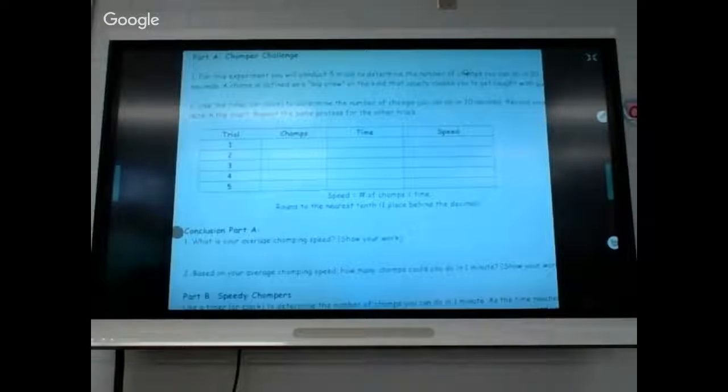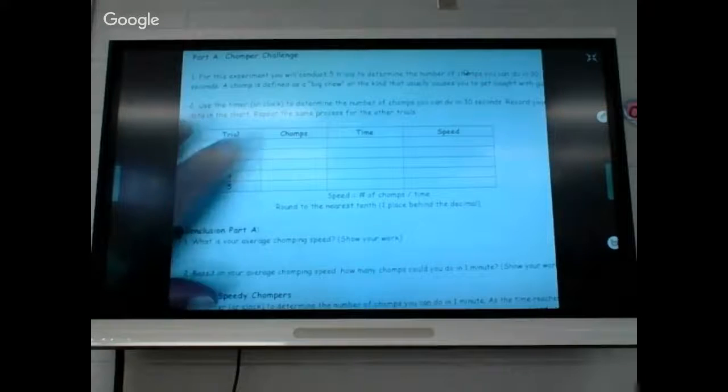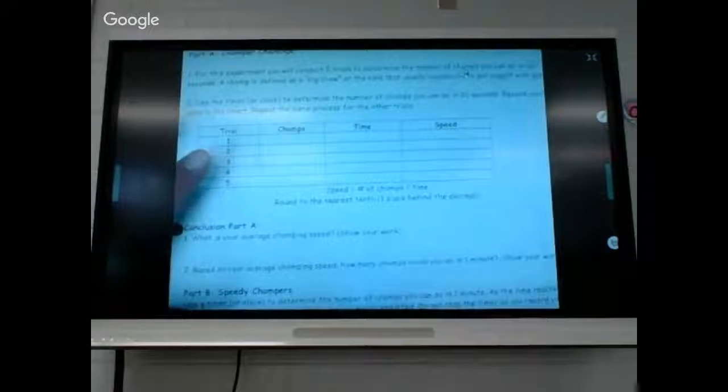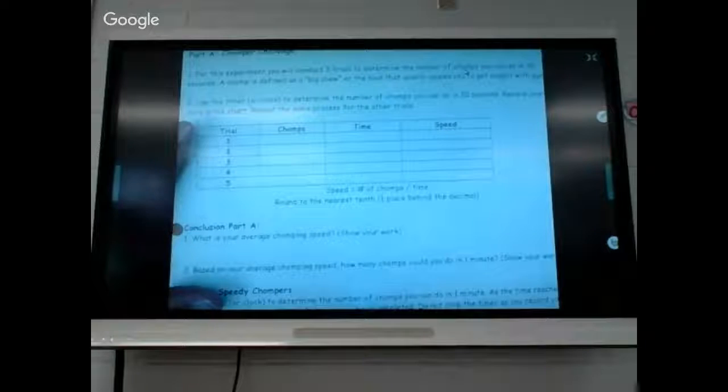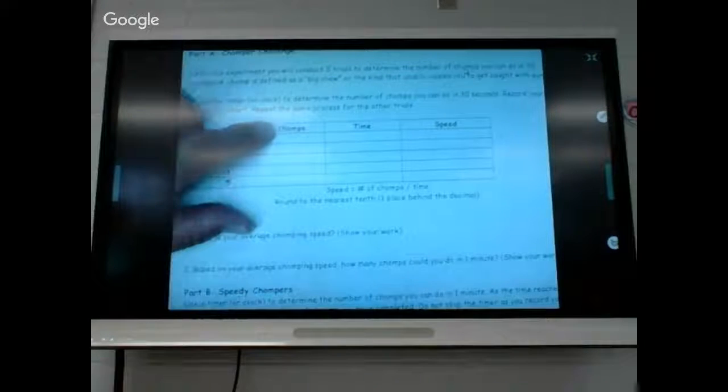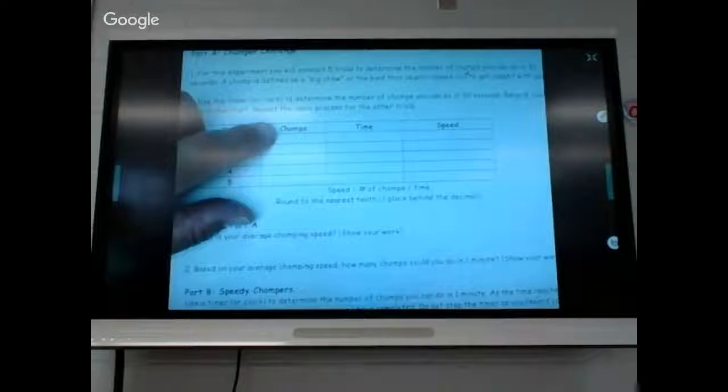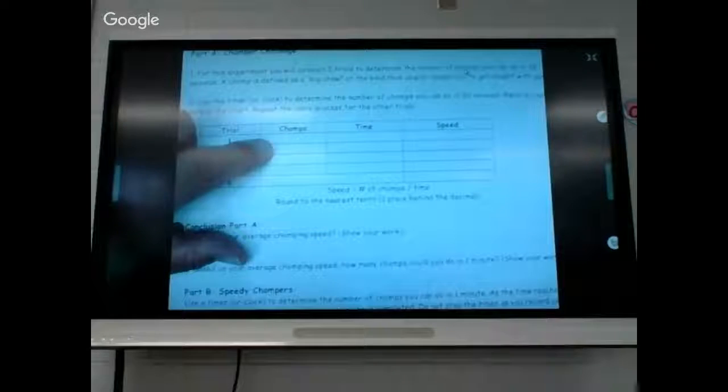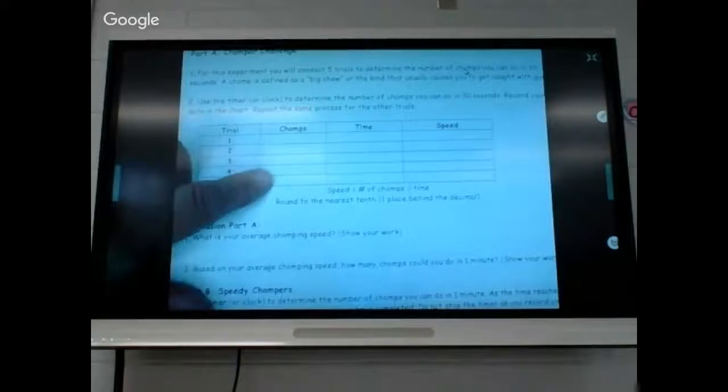Okay? I would recommend chewing the gum up so it's in a nice consistency before you try this. You're going to do it 5 times. Now, before you all get points taken off for chomps, the unit for chomps is chomps. You can put CH. I can live with the abbreviation of CH.